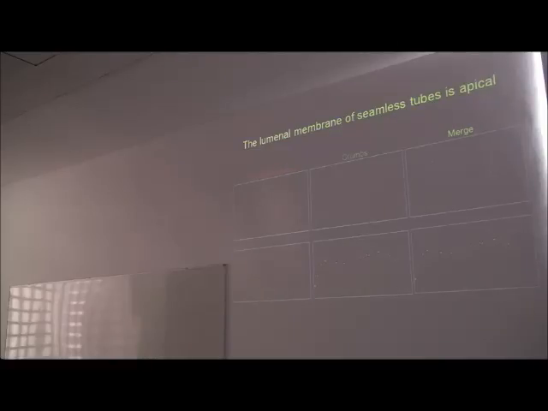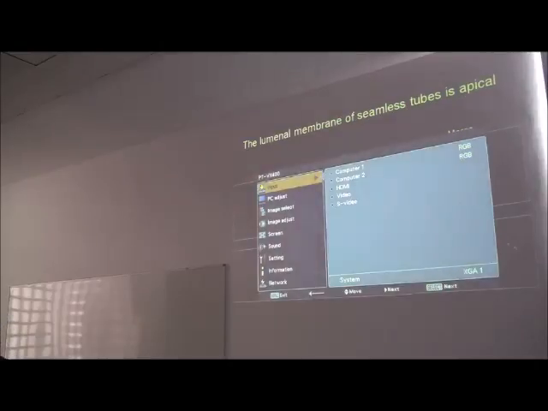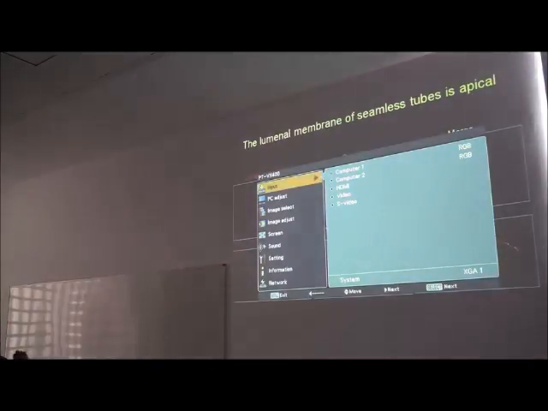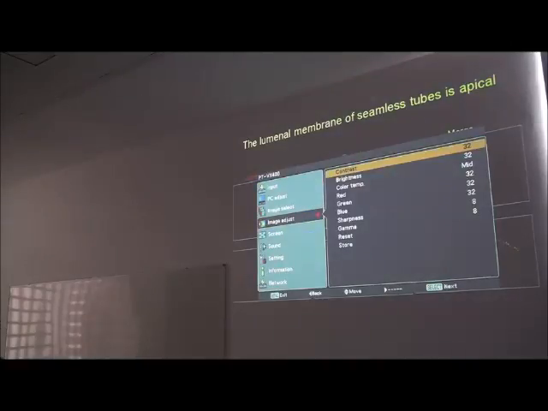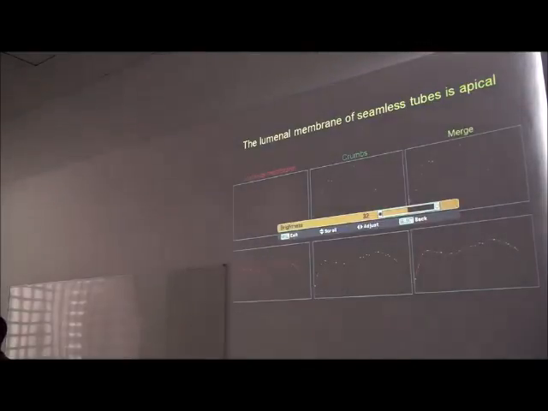In the seamless tubes, the lumen is the apical membrane, is the point I was trying to make. This is generally true in all epithelial tubes, that the luminal membrane is apical, and that's also true in these seamless tubes. So in retrospect, it's not surprising that a lot of the mutants that we find have seamless tube defects affecting the size of the apical domain.